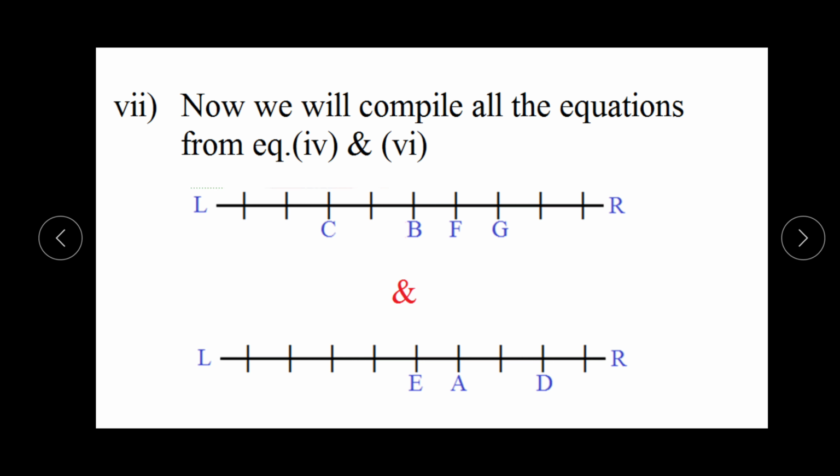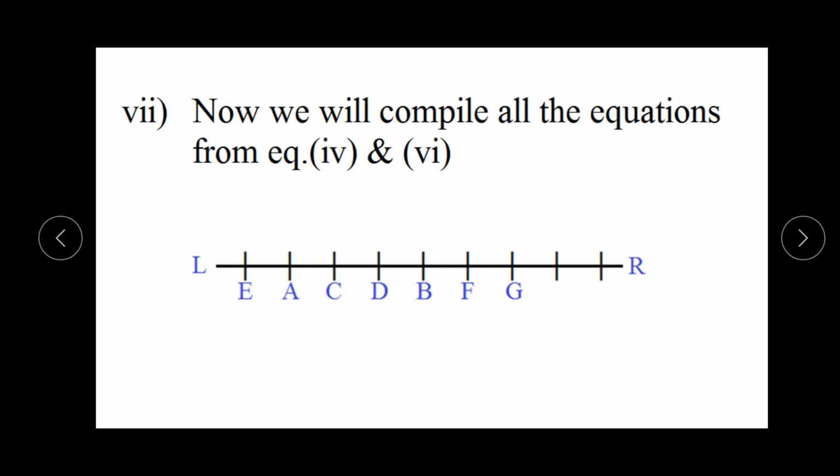We will take these three positions and put them here. This blank space is for C, and this blank space is for D. If we put this on this line, we can see clearly that this is the standing arrangement of the seven singers: E, A, C, D, B, F, G. These are the seven positions. These two positions are not in use. The total positions were nine, but we need only seven positions.